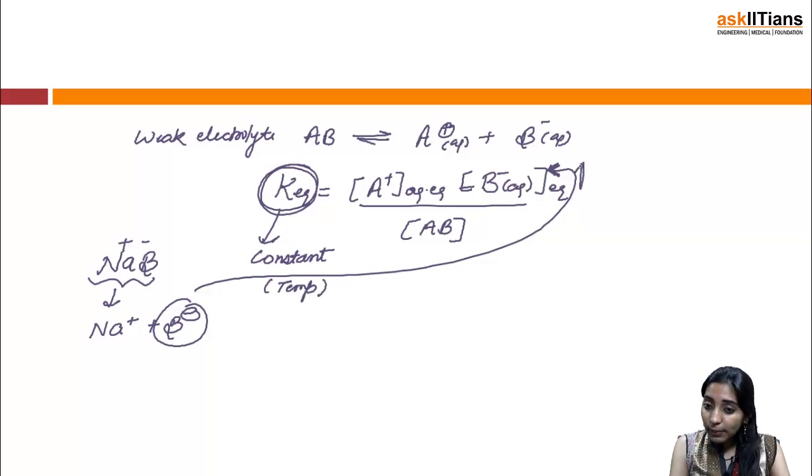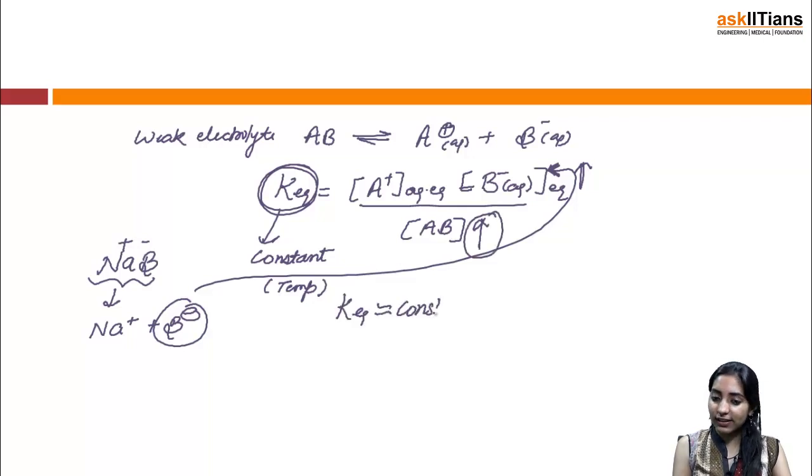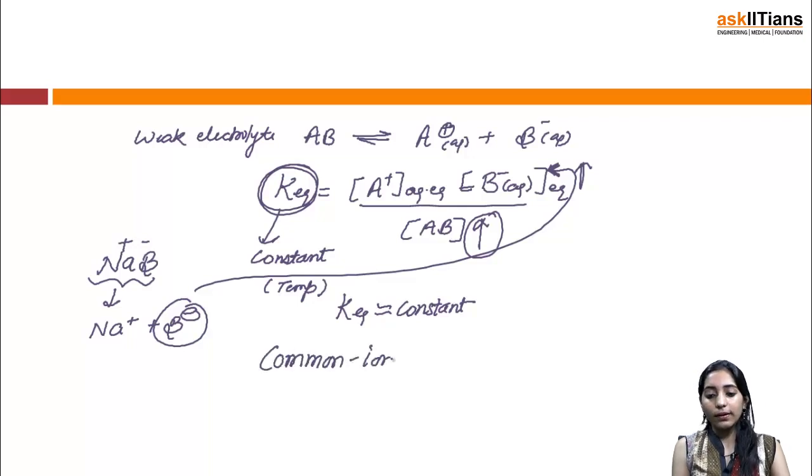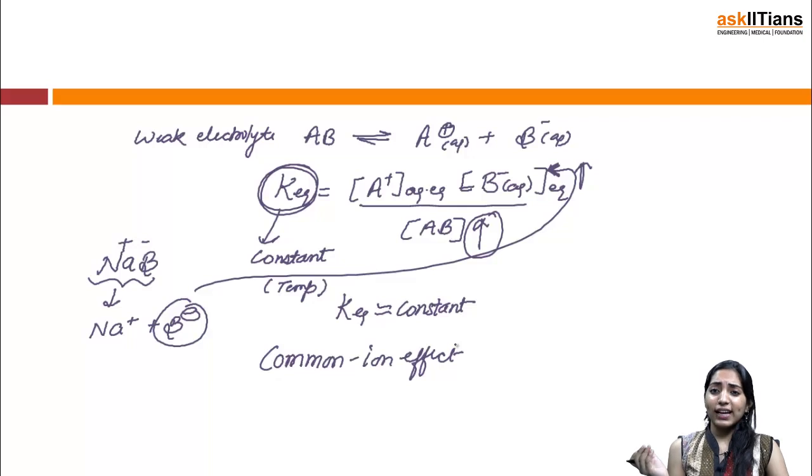So if the concentration of B minus is increasing, you have to increase the concentration of AB also, so that K equilibrium is kept constant. Now if there has to be an increase in the concentration of AB, that means the dissociation of AB will decrease, because only then the concentration of AB will be more. So we can say that this is all about the common ion effect, where we consider the effect on the degree of dissociation of a weak electrolyte by the addition of any other electrolyte which has one ion in common with the weak electrolyte.